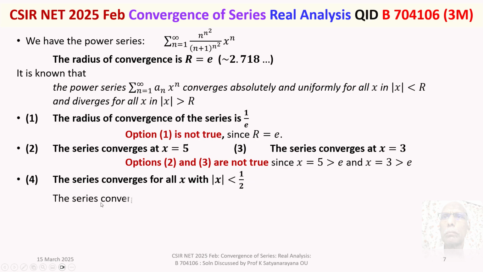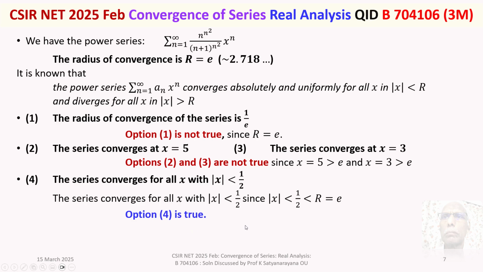So therefore, the series converges for all x with mod x less than 1 by 2, since mod x is less than 1 by 2, which is less than r equal to e. Therefore, this is true. Option 4 is true. Thus, the answer to this question is option 4.